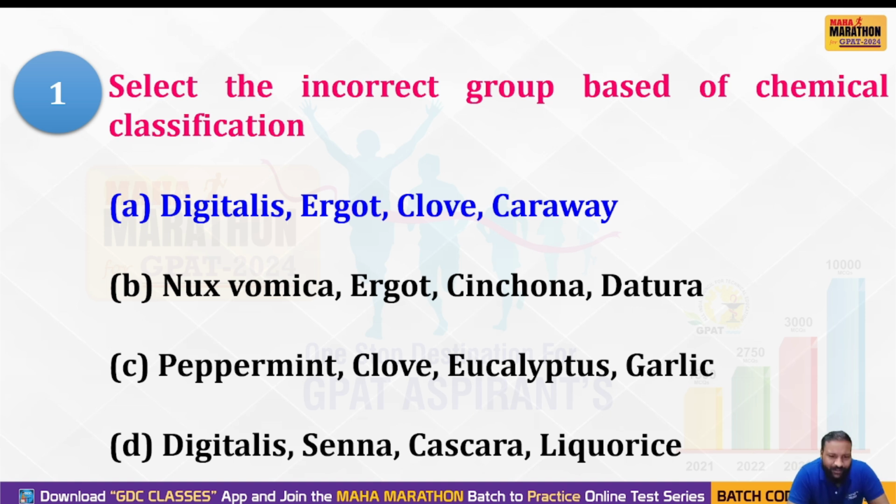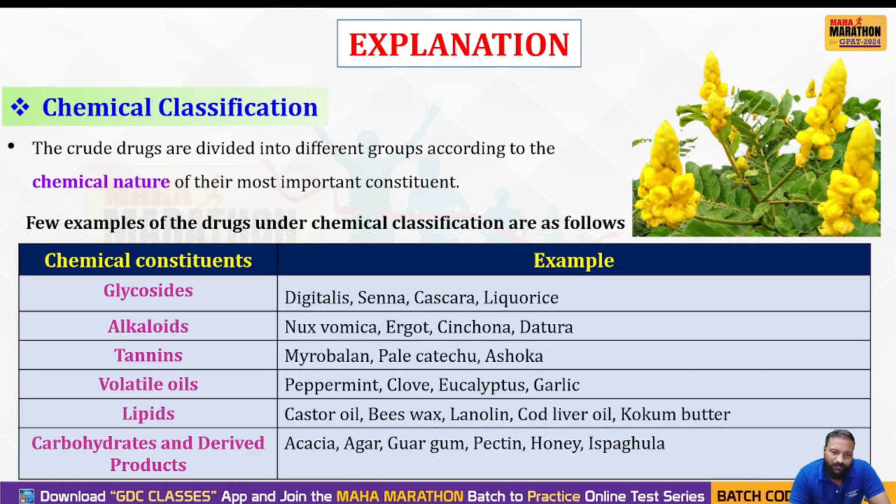Nux vomica, ergot, cinchona, datura are all related to the alkaloid classification, whereas peppermint, clove, eucalyptus and garlic have volatile oils as their chemical contents, whereas digitalis, senna and cascara are nothing but glycosides.